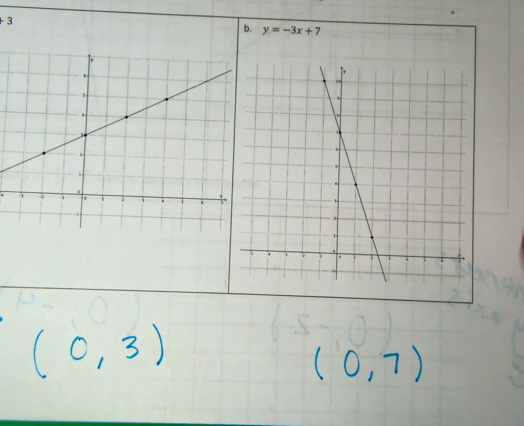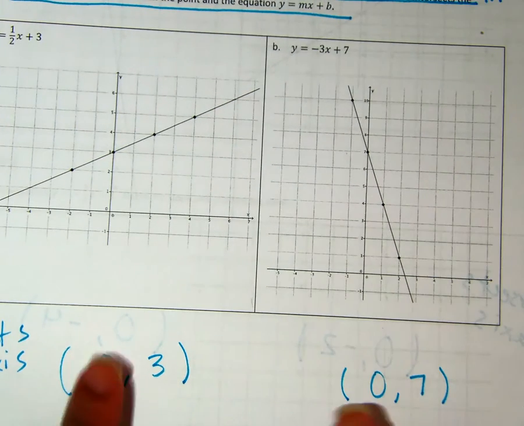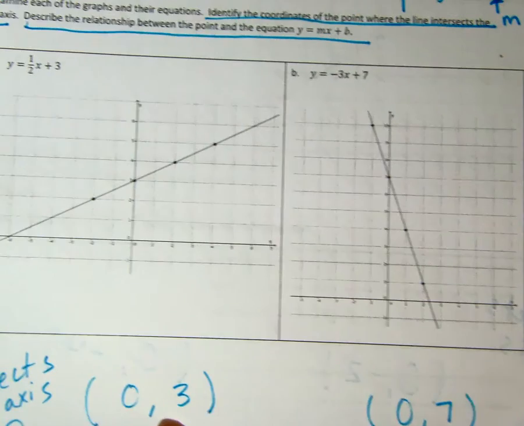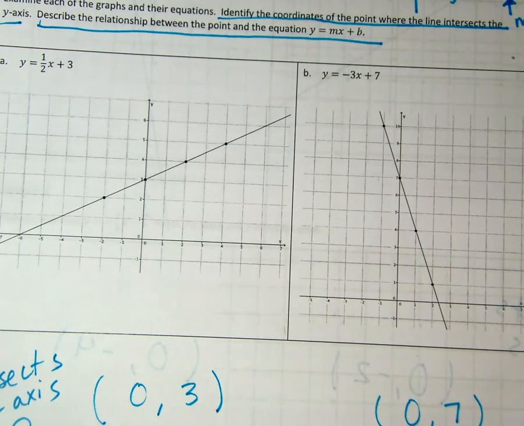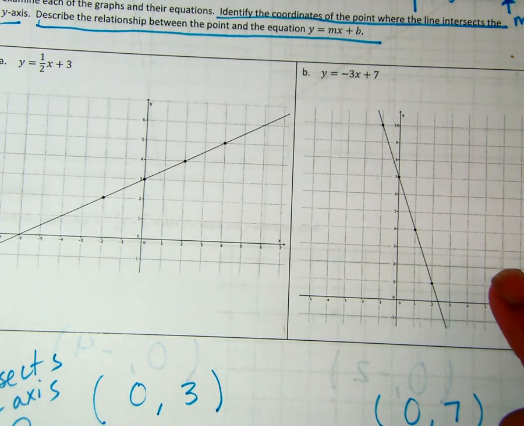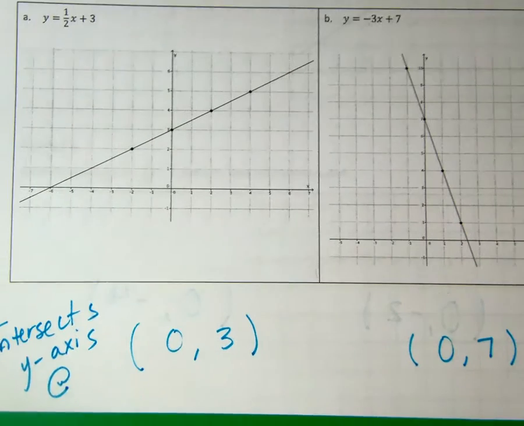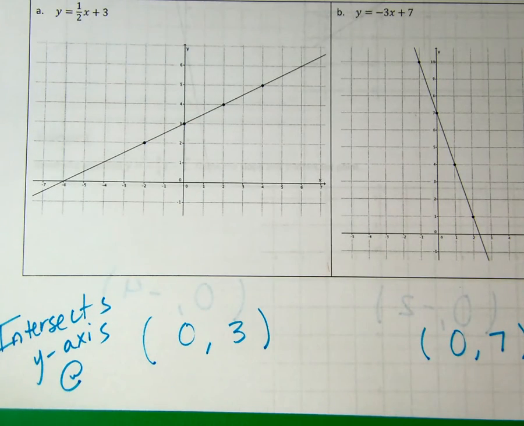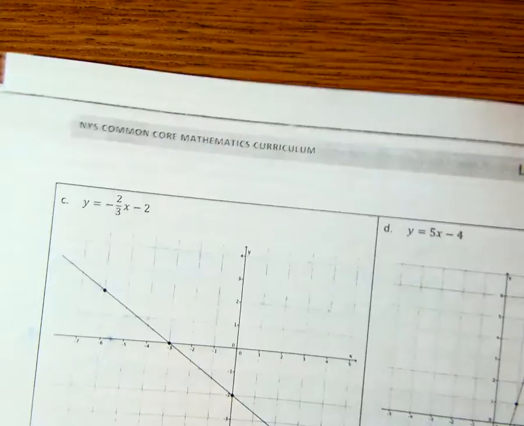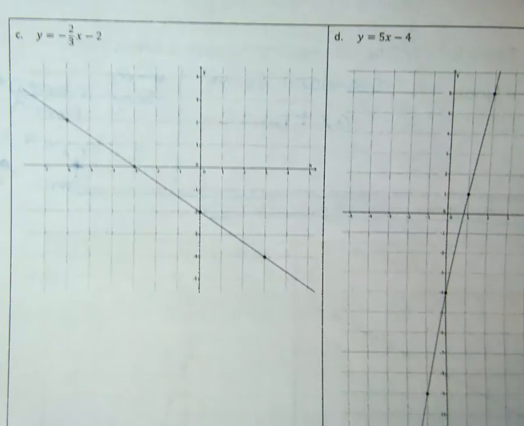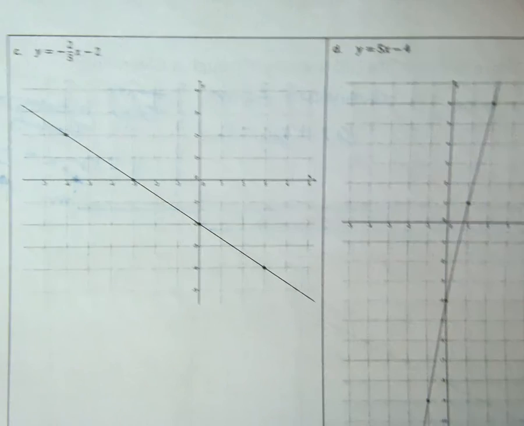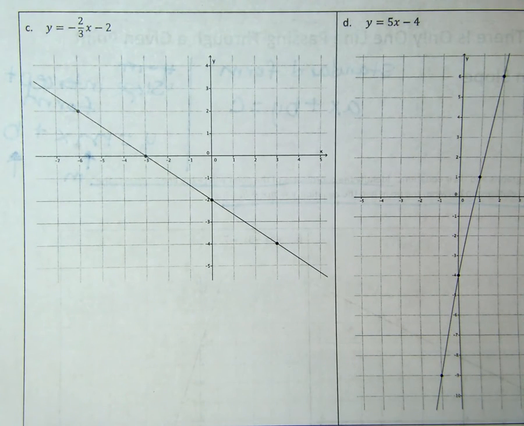Just looking at graphs A and B, what do you notice about my ordered pairs, my x and my y, and my equations in both? Okay, hopefully you put some good stuff in for me to evaluate. Let's continue with some more examples. Take a look at example C and example D. Same question.